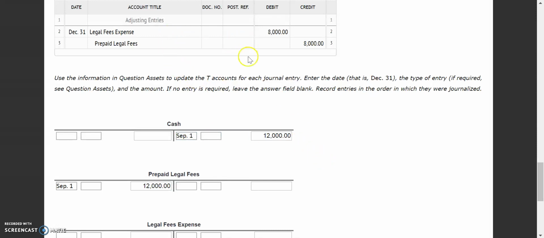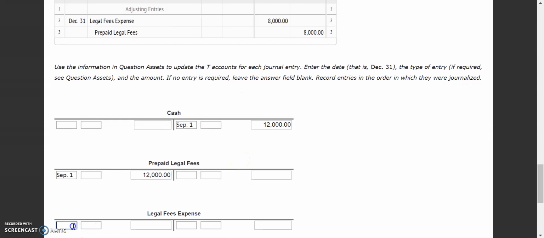Okay, and then we're going to transfer some of that to legal fees expense. That is an adjustment ADJ. And then prepaid legal fees is going to be credited as an adjustment for 8,000. Again, showing a balance in our prepaid legal fees of 4,000.